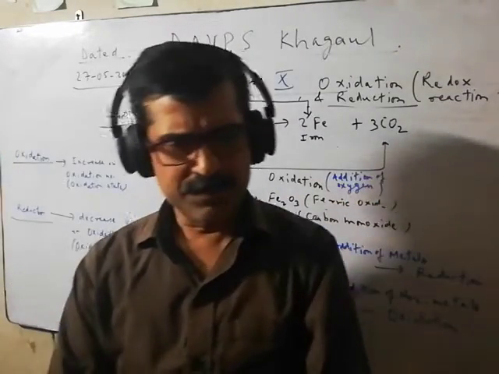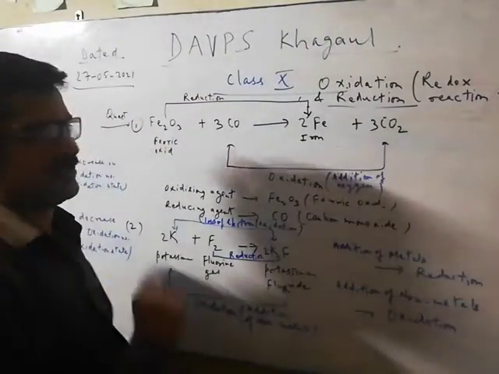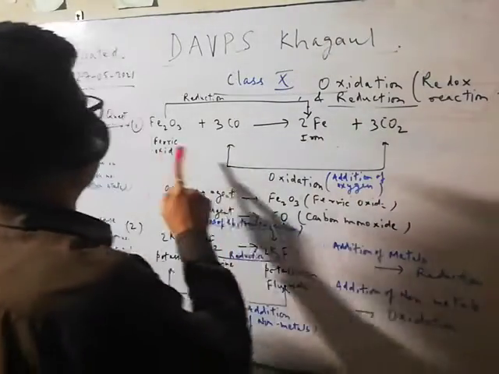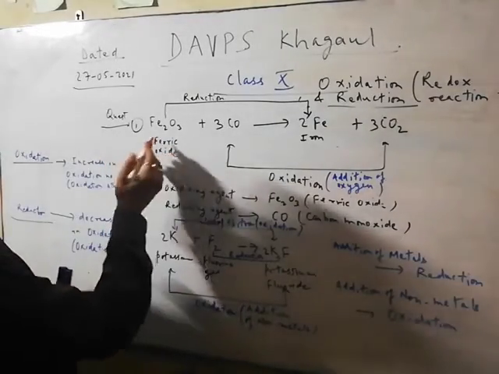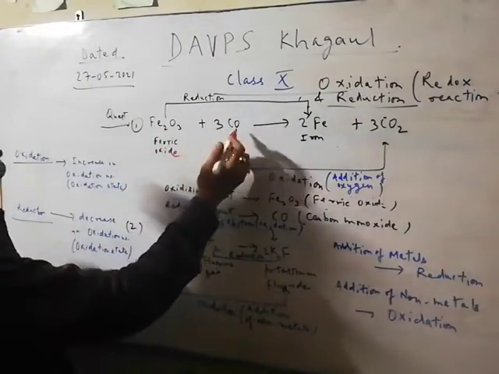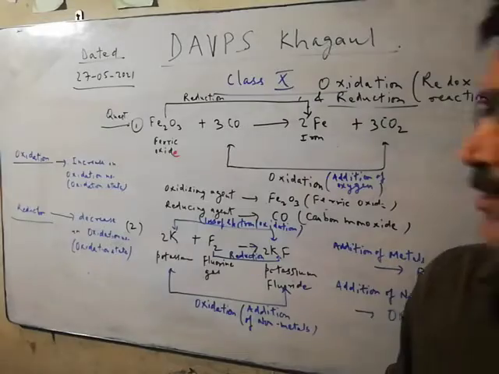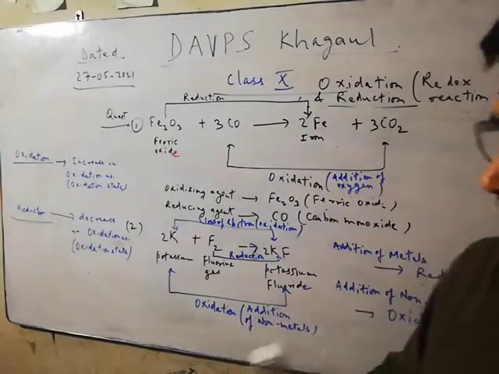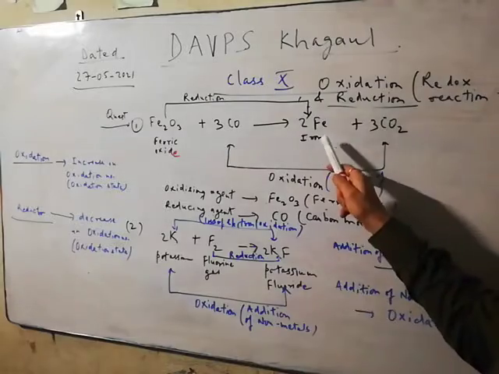So let us go through some more exercises of oxidation and reduction. Like you see here, some chemical reactions that we have to decide. Ferric oxide Fe2O3, when it reacts with carbon monoxide CO, then what happens?